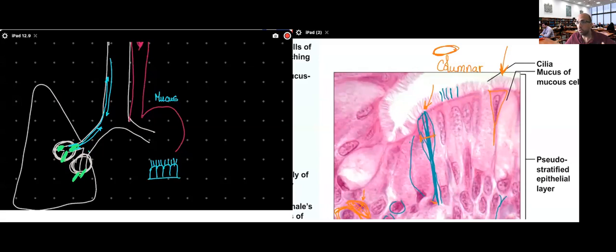So a person who smokes is more likely to develop lung infections. Why? Because the smoke inhibits the motility of the cilia. So the mucus keeps accumulating inside his airways, creating a favorable medium for the bacteria to grow. And if the bacteria starts to grow here, it will cause an inflammation, it causes an infection.